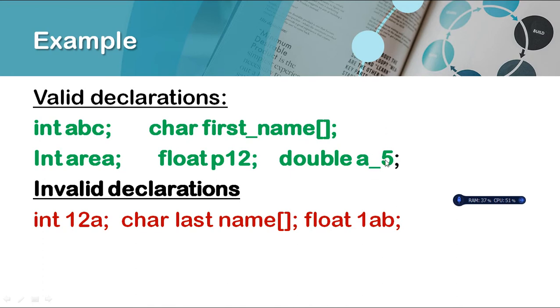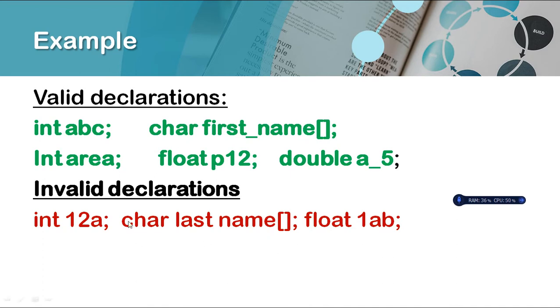In this way you can declare your variables in the C programming language. Just remember, don't use any reserved words and keywords as your variable name. Your variable name always starts with either a character or an underscore symbol. It doesn't start with any numerical value. Your variable name may be a combination of alphabets, numerical values and underscore symbol.